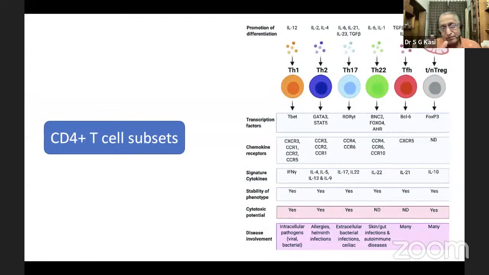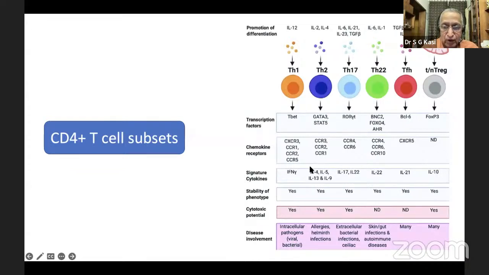And I think this is something you have been hearing very often, especially in relation to pertussis: TH17, TH1, TH2. So what are all these? TH1 classically produce interferon gamma, and they are responsible for protection against intracellular viral and bacterial pathogens.